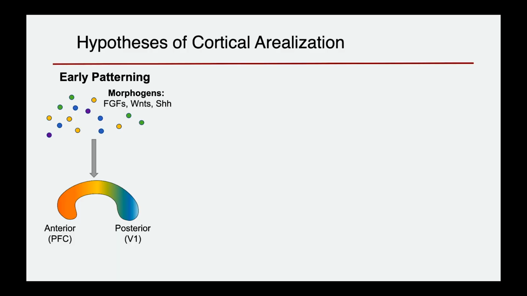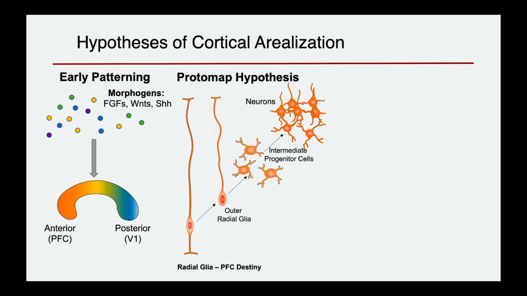So we're pretty consistent across mammals that early on there are morphogens that pattern the cortex into anterior and posterior sections, and that this happens at those earliest stages. But the question arises, when you go from these earliest stages to the much expanded brain later on, how do the different cells across the different areas of the cortex know which functional area to become?